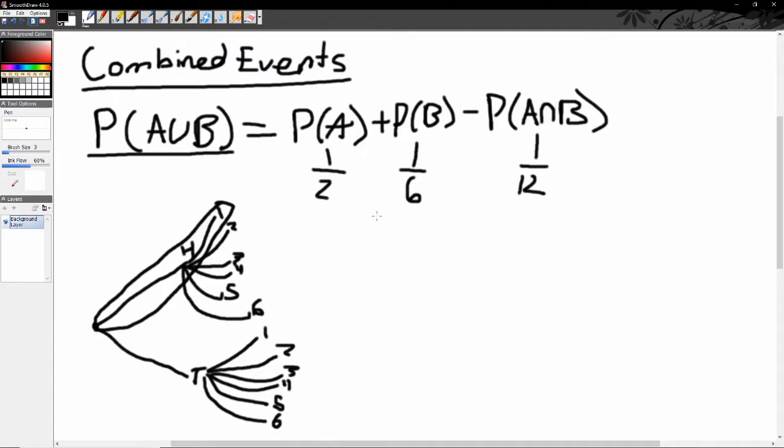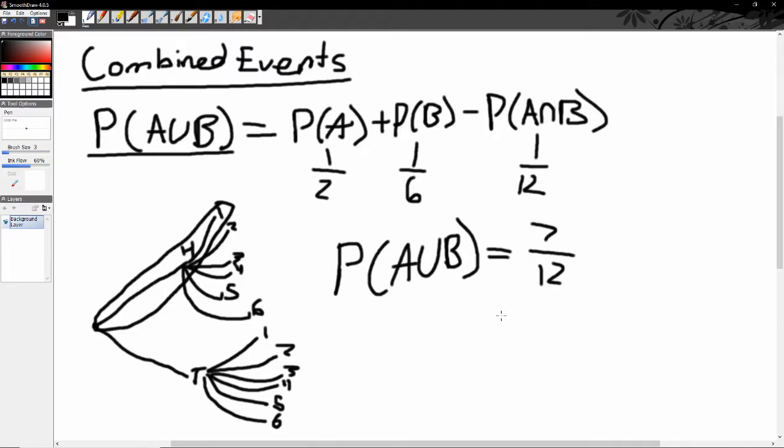So with this information, we can just simply do this math and see that the probability of A or B is 1/2, which is 6/12, plus 1/6, which is 2/12, minus 1/12, is 7/12. It's important to note that this can also be used the other way.